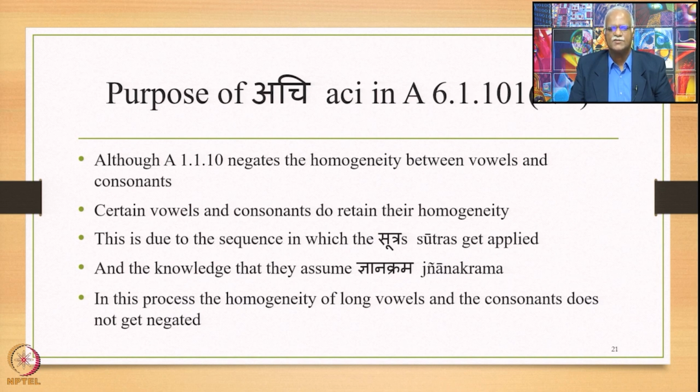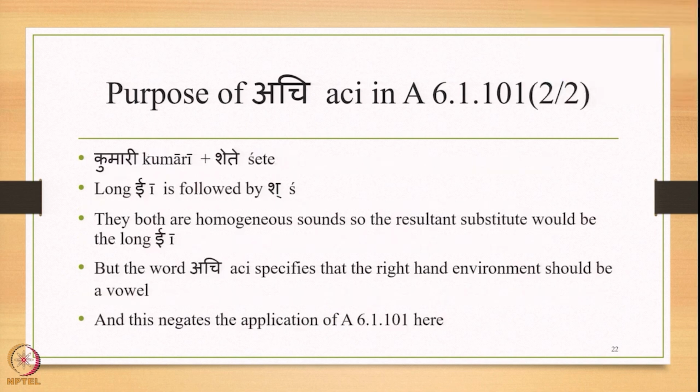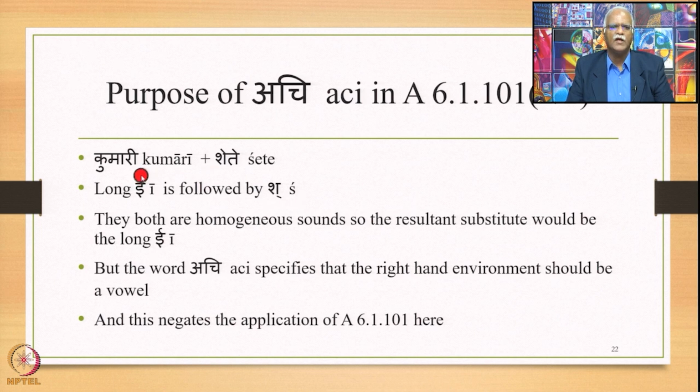This process is called jnana krama, and in this process the homogeneity of long vowels and the consonants does not get negated. This is very important. The homogeneity, savarnya, of long vowels and consonants does not get negated. So, for example, we have kumari plus shete. Here we have long i followed by sh. If you look at the place of articulation of i, it is talu.